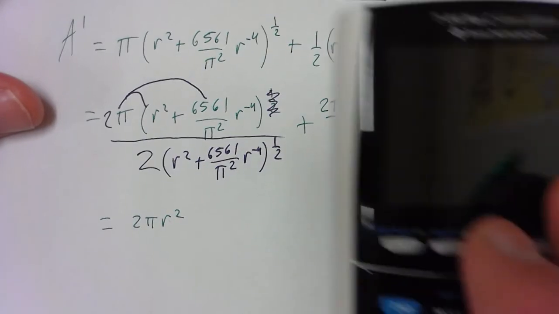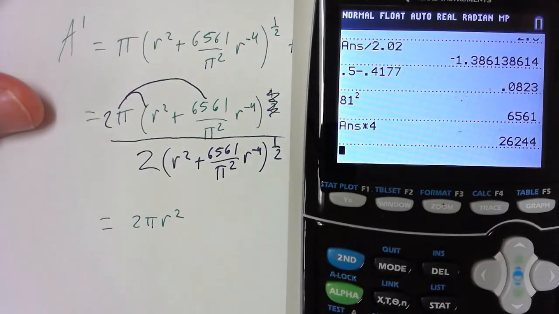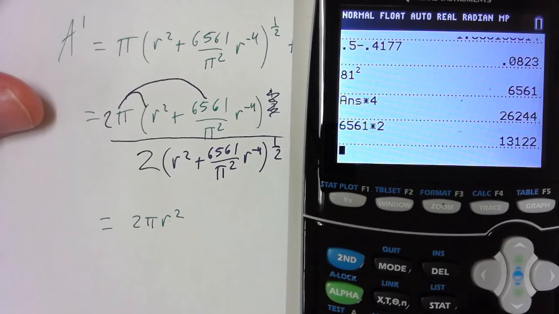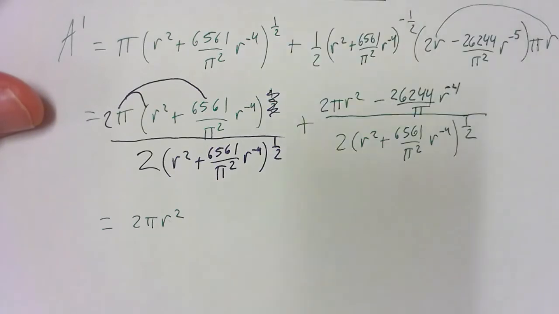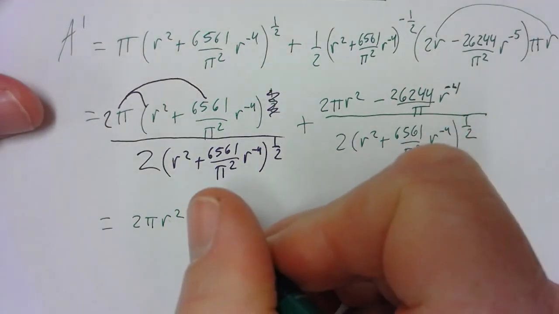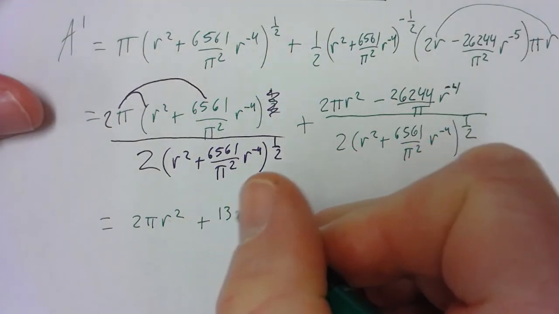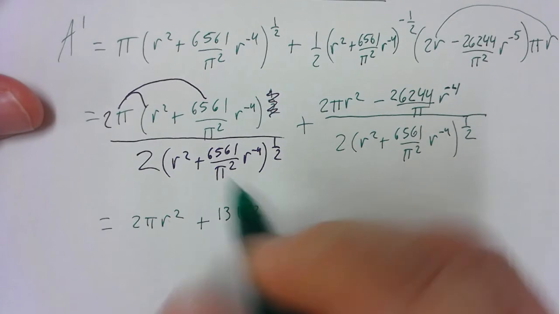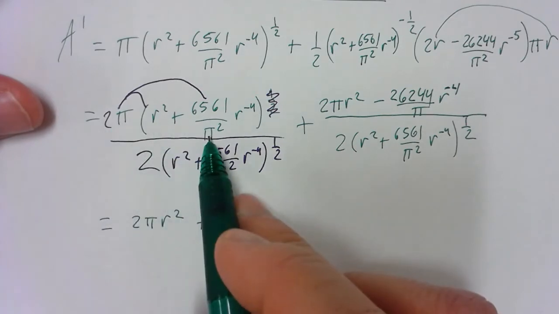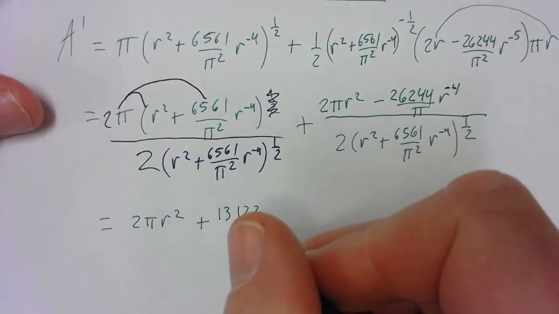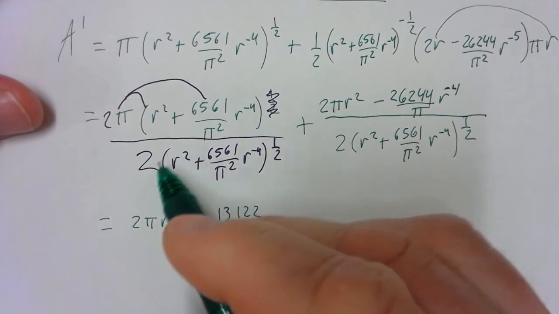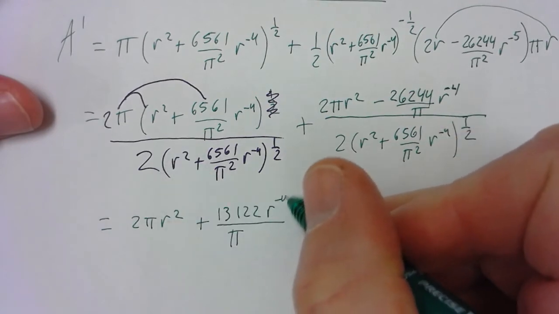So I get 6561 times 2, 13,122, and it's half of that, so that's good. So plus 13,122. The pi here will cancel with this pi here, so there's a pi on the bottom, and then it's r to the negative 4th.